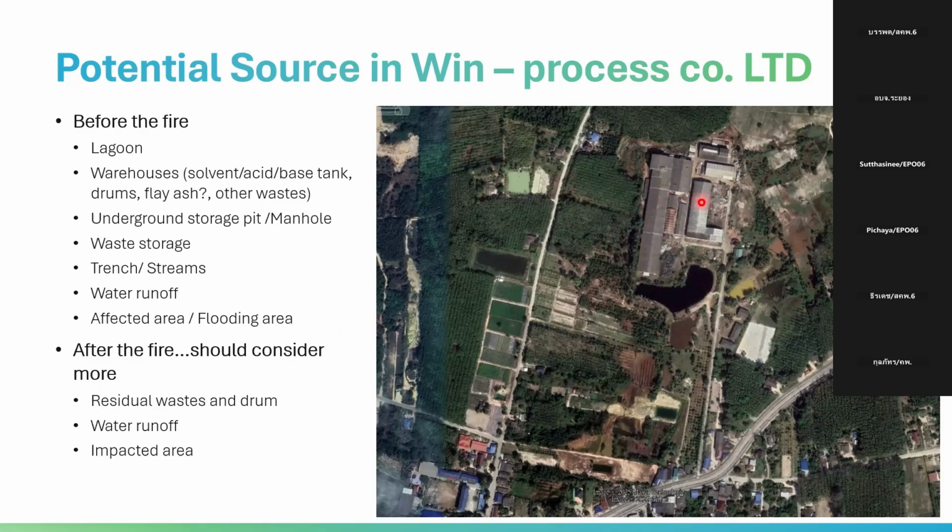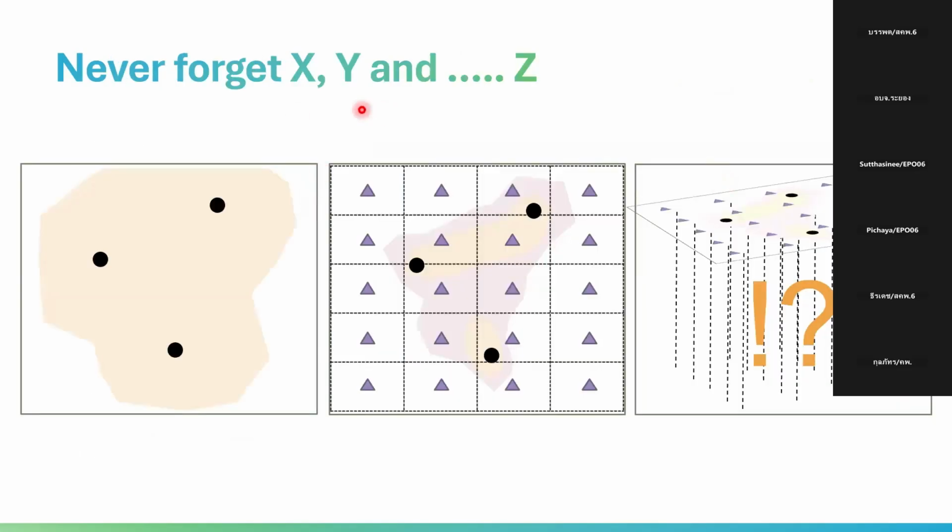When the firefighters go in and spray water, please take samples at different locations, and maybe try to figure out from the video the smoke and spray locations, and take samples there. And don't forget there's a 3D distribution, because the contamination won't stop there, especially LNAPL or DNAPL. It will continue to go down and flow with the groundwater direction. So you should consider the 3D distribution of the contaminants.